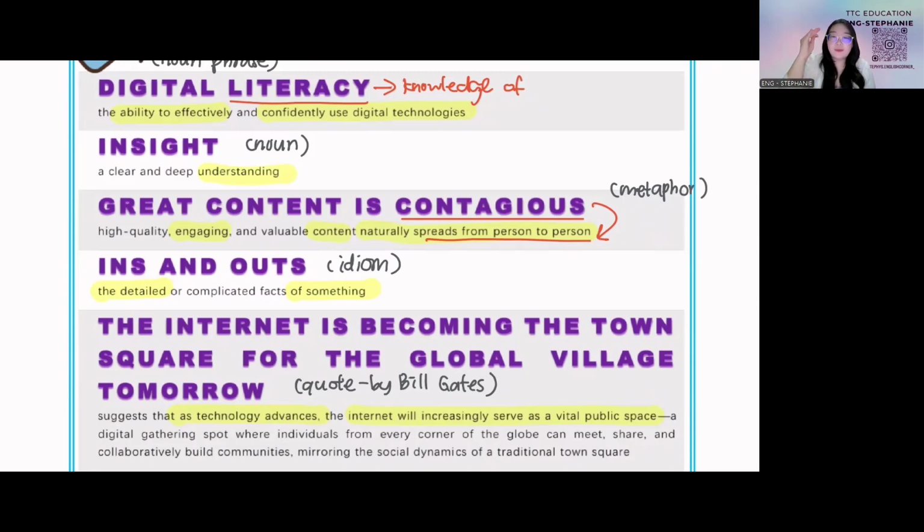I know I've been going through quite fast, but write it down first and highlight the meaning, the keywords in the meaning. If there's anything that you don't understand before I move on to the last two that I will be giving you later, let me know now.